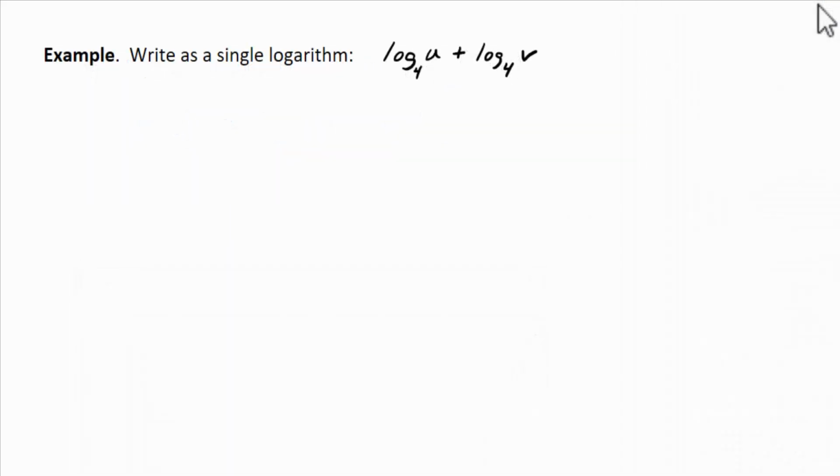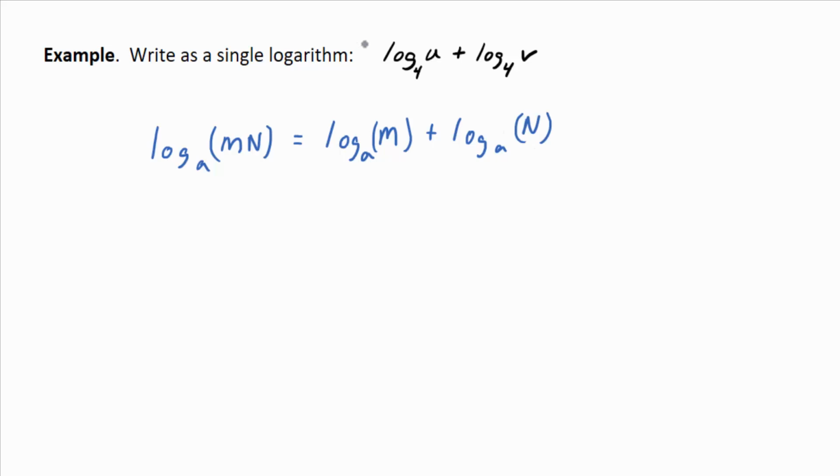Before we do the quotient rule, let's go the other way. What would log base 4 of u plus log base 4 of v equal according to the product rule? Let me remind you what the product rule says. The product rule says that log base a of m times n, where your input is m times n on the left side, is equal to the log base a of just m plus the log base a of just n. So which direction do we want to read this rule if we want to write this as a single logarithm?